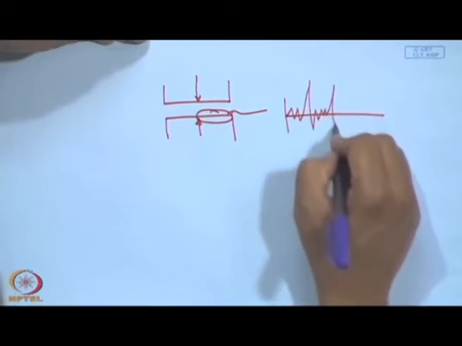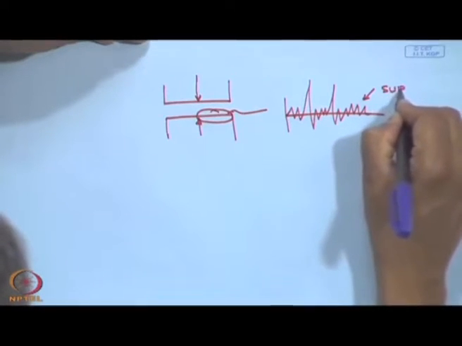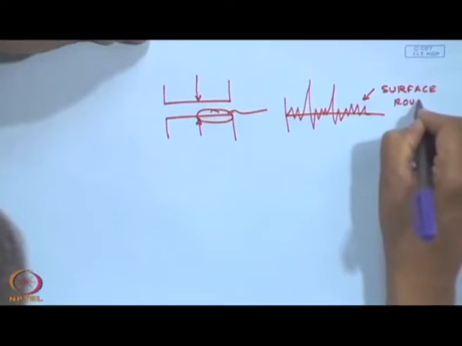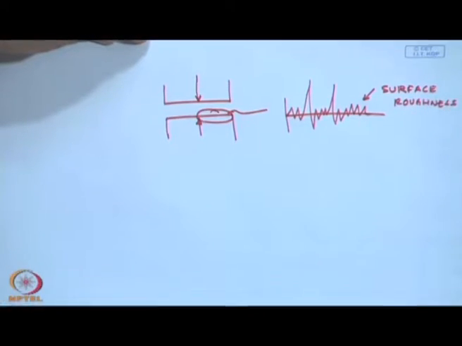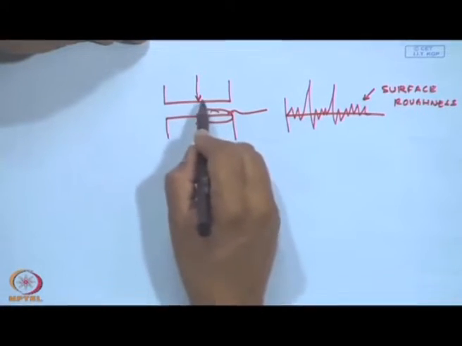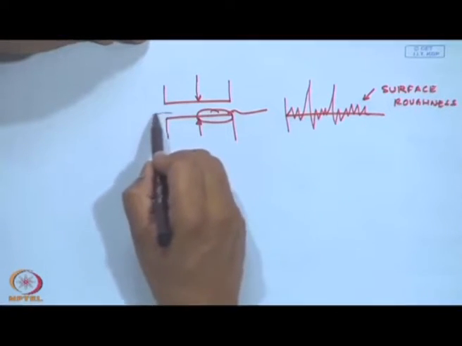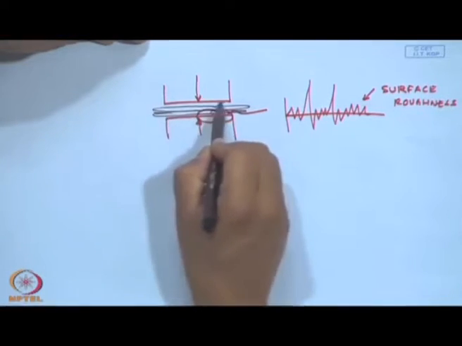They may have a surface roughness. And usually once these two components rub against each other because of the application of load, we put a layer of lubricant.